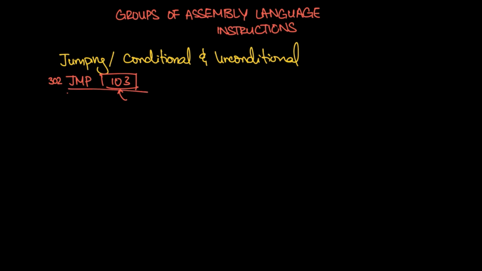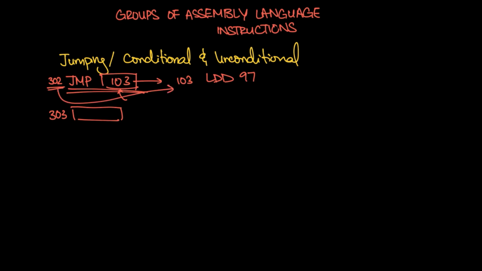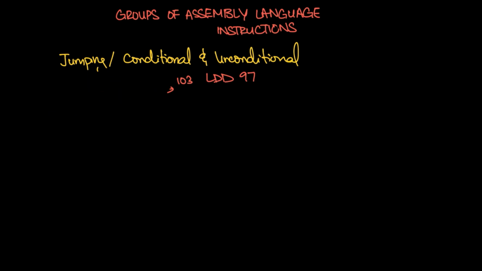When this instruction executes, instruction number 303 will not execute, and instead the instruction at address 103, which might be something like LDD 97, is what will execute. So the program will jump from 302 to 103 instead of going to 303 from 302. That is the basic explanation of the JMP instruction.